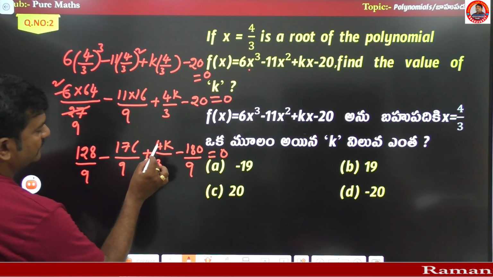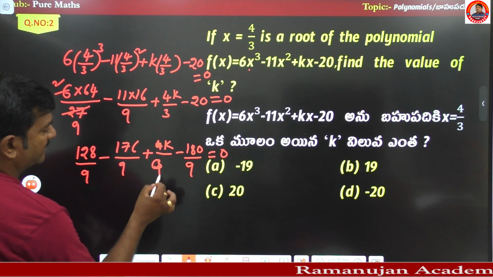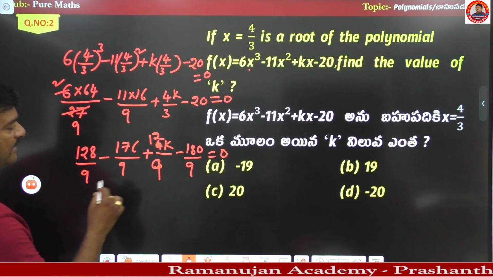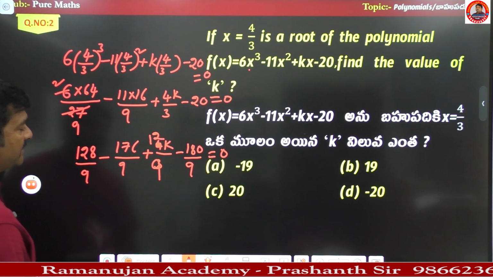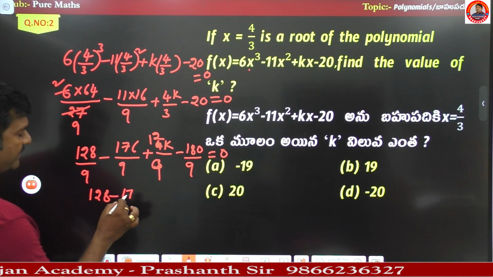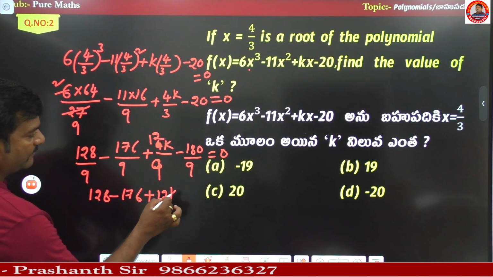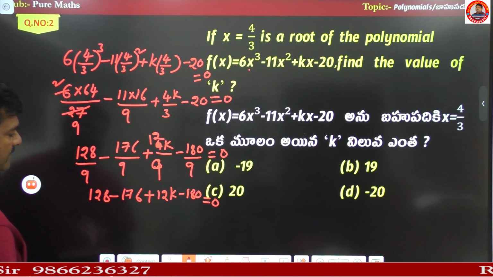And even this, I am not writing 4 here, I am writing 9 here. Therefore here we can write 12k, so that you can get the answer somewhat easily. Since all the fractions have the same denominator, you can take 128 minus 176 plus 12k minus 180, that is equal to 0. You will get the answer.